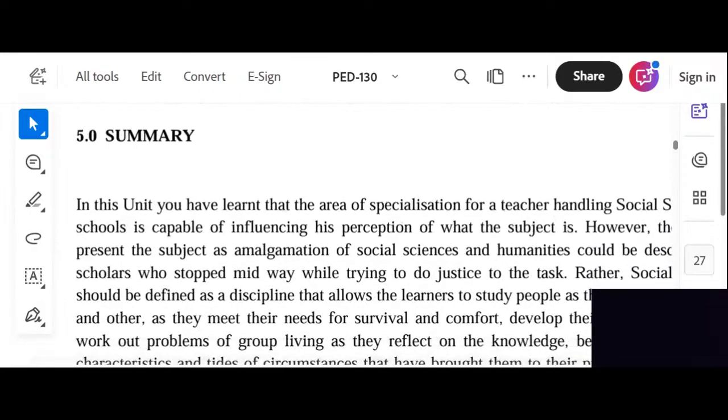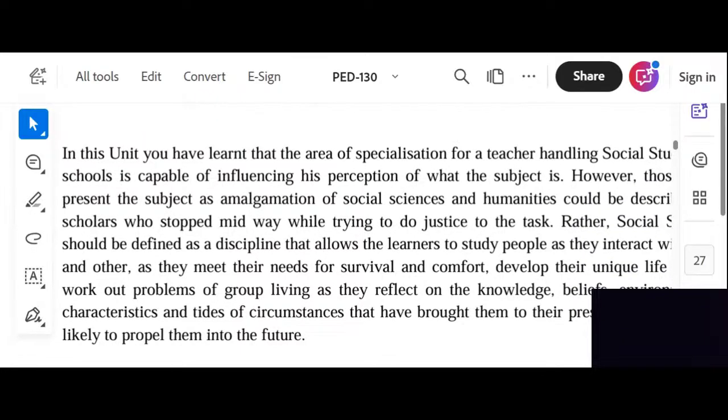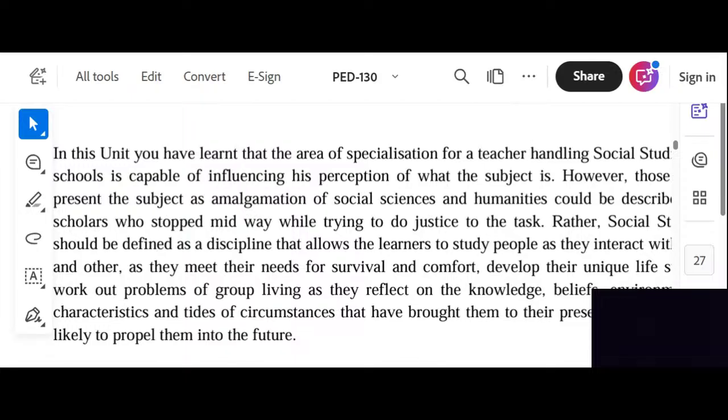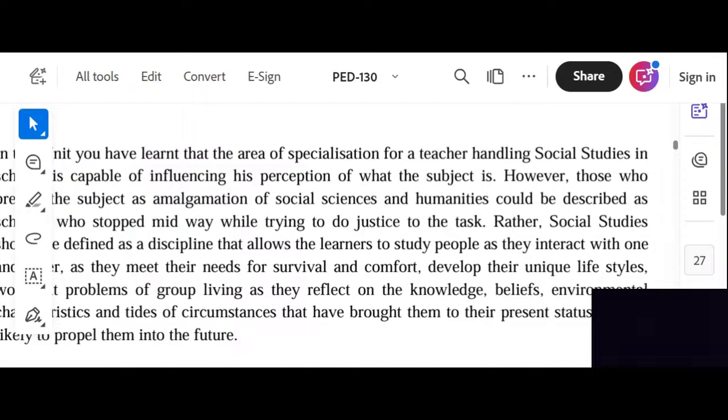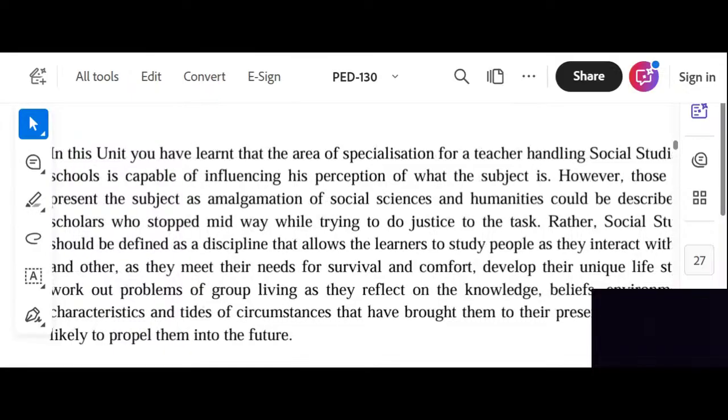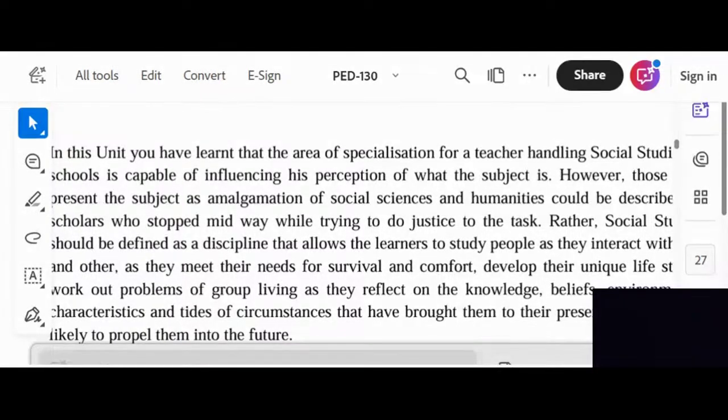And in summary, in this unit, you have learned that the area of specialization for a teacher handling social studies in schools is capable of influencing his perception of what the subject is.